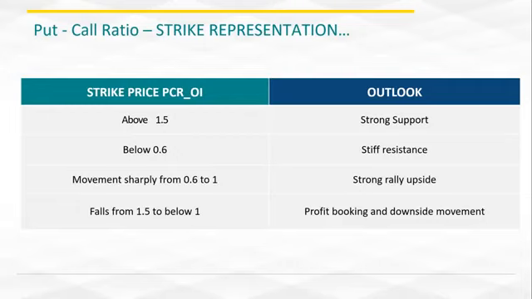In the live market, if you keep on monitoring your PCR, then you can always know where the movement is going to happen intraday as well. So it gives you a very strong chance to maximize your profits, or if you are stuck in some position that is not favoring you, to understand where you have to step out of your trades as well. So it is basically a very useful tool for any intraday trader.